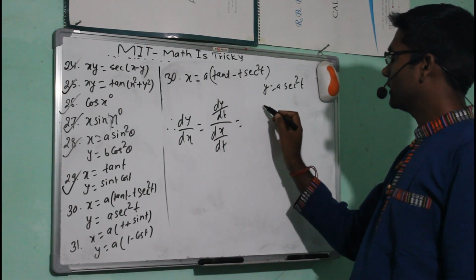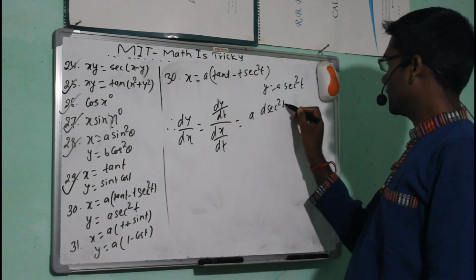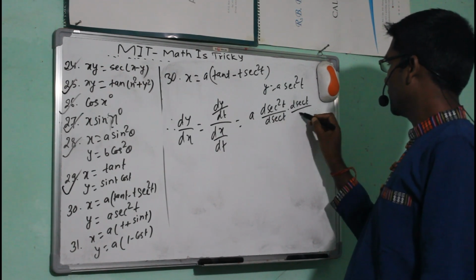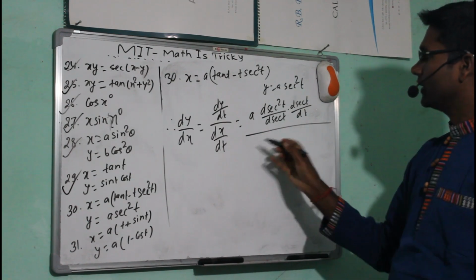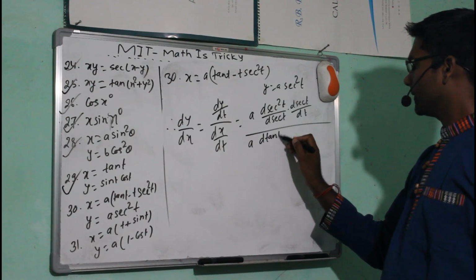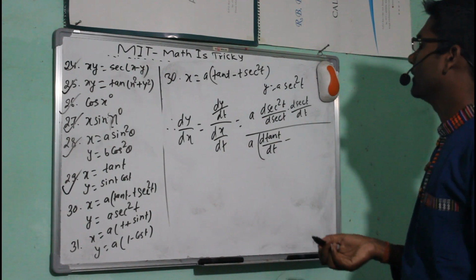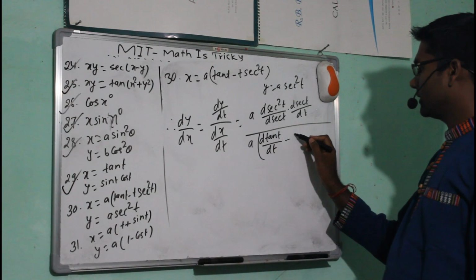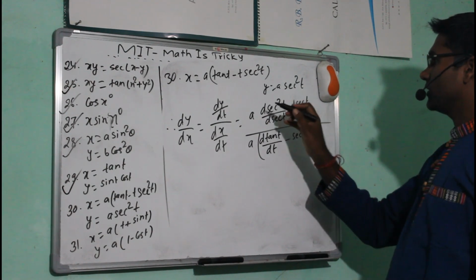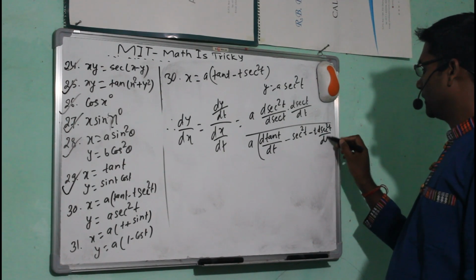For y, a is constant, so a d sec square t by d sec t into d sec t by dt. For x, again a is constant, so d tan t by dt, and minus, using the product rule for the second part: dt by dt is 1, so it is simply sec square t, and then minus t into d sec square t by dt.